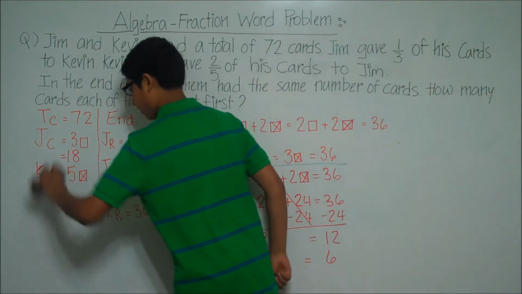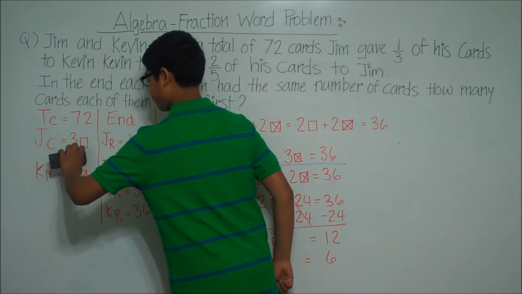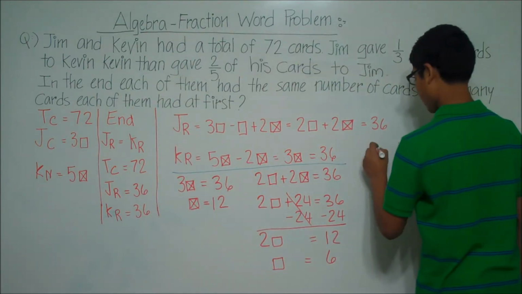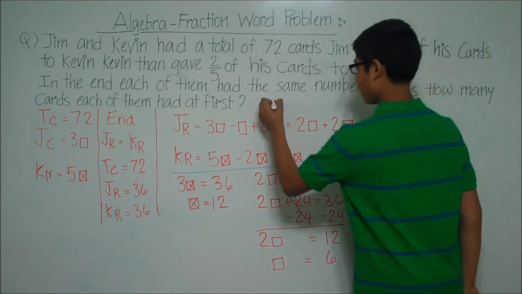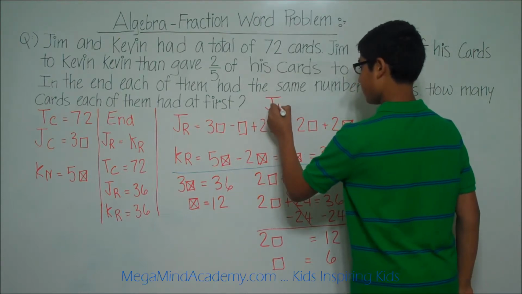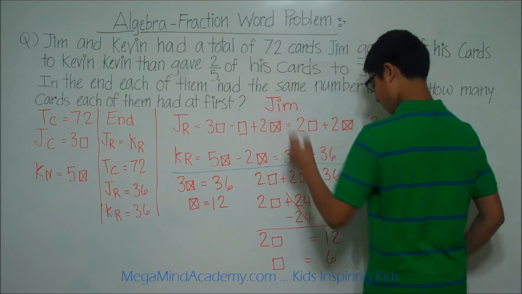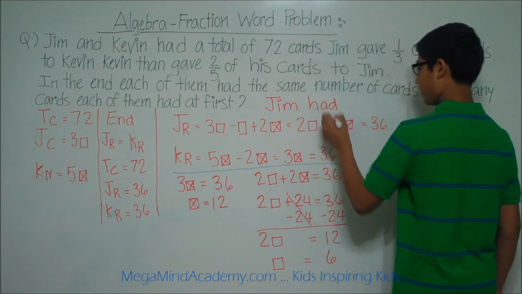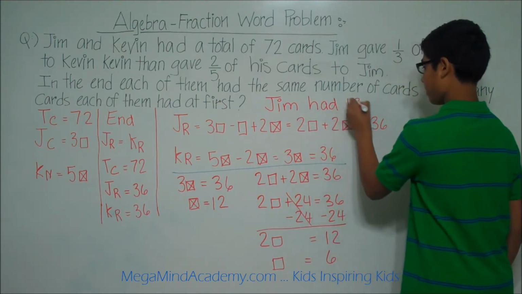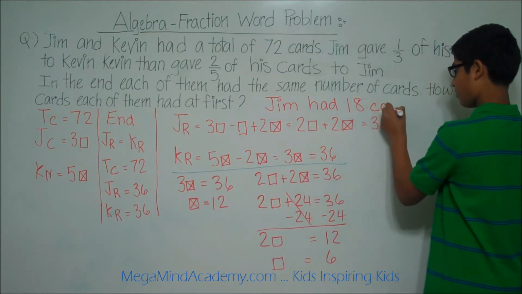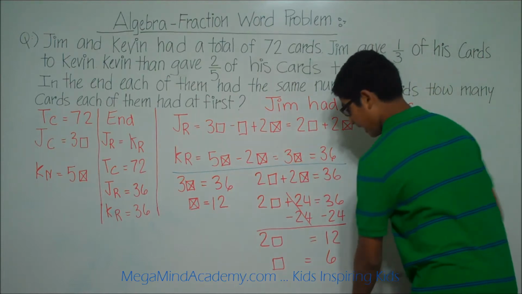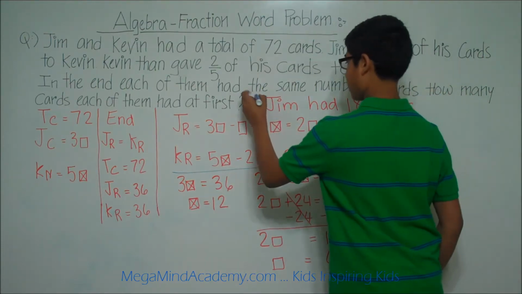Let's rewrite this on the other side of the board. So Jim's cards, J for Jim, Jim had 18 cards.